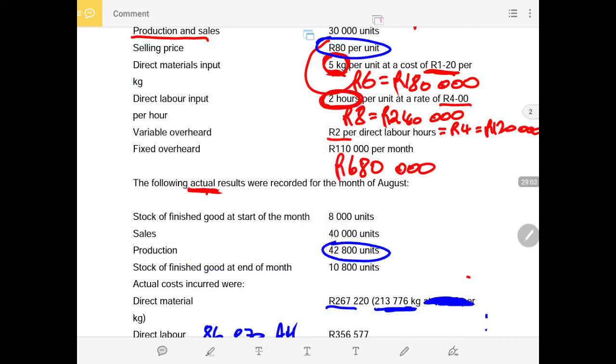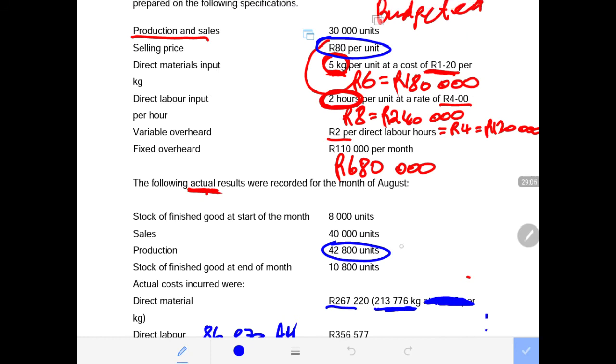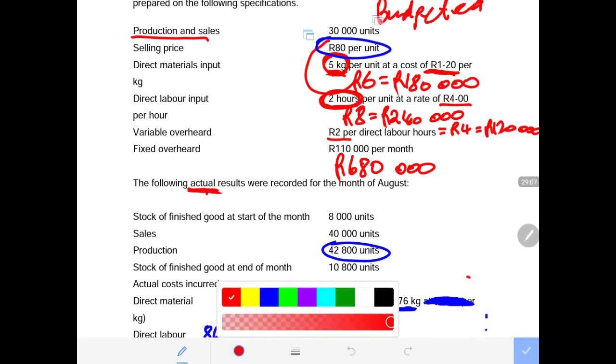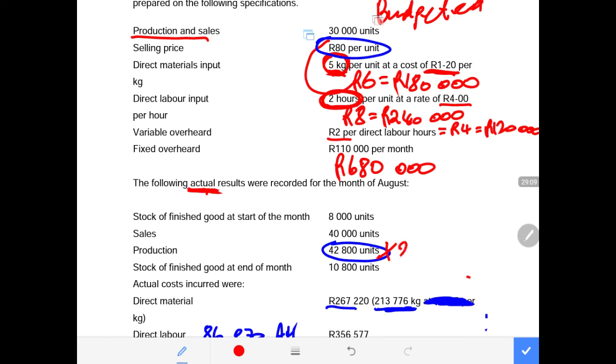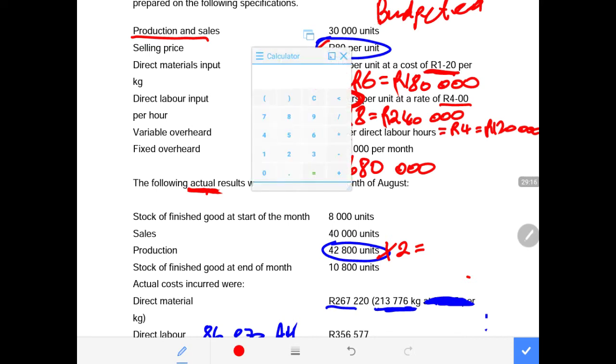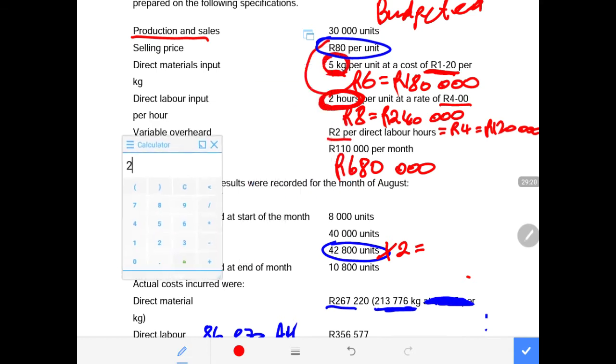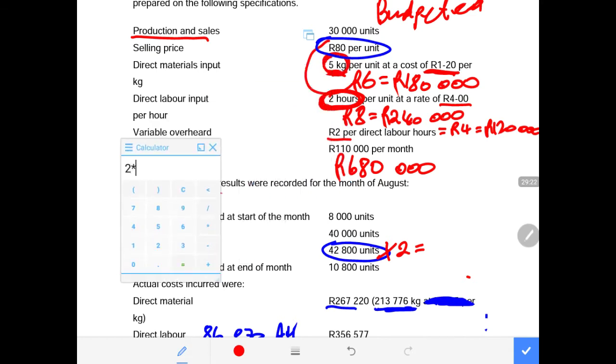That is what is called standard hours. We say standard hours per unit times by actual production, 42,800 all the time. This does not change. Very similar with the standard quantities of material.